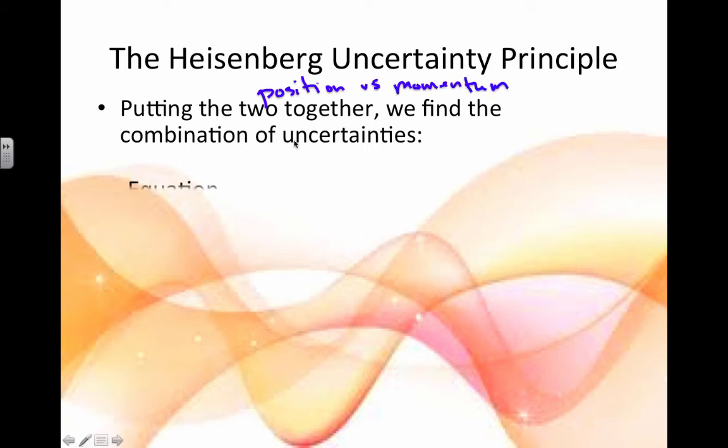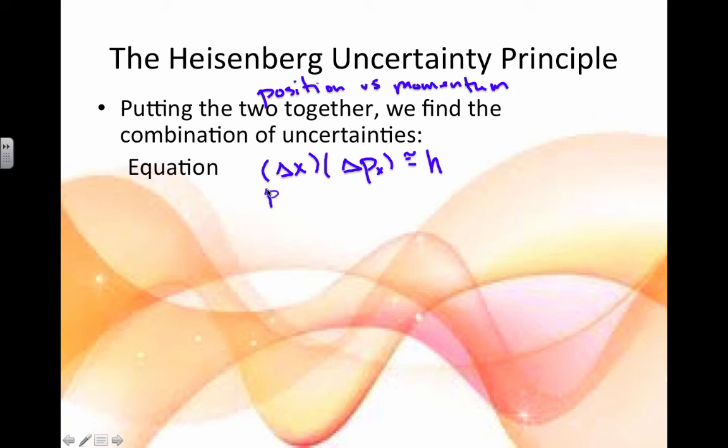So a combination of these two uncertainties led to this equation: the uncertainty in the position multiplied by the uncertainty in the momentum would be proportional, or nearly equivalent, to Planck's constant h, where x is describing position and p is describing momentum, and h is now known as Planck's constant, the number 6.63 times 10 to the negative 34 joules times seconds.